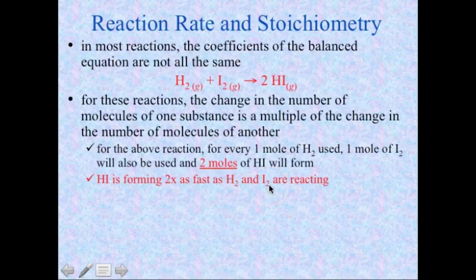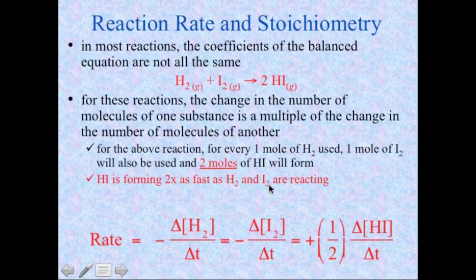If we're going to put the rate into one equation, we have to take into account that difference in stoichiometry. So we would write the rate equals minus the change in concentration of hydrogen divided by the change in time. That would also equal minus the change in concentration of iodine divided by the change in time.